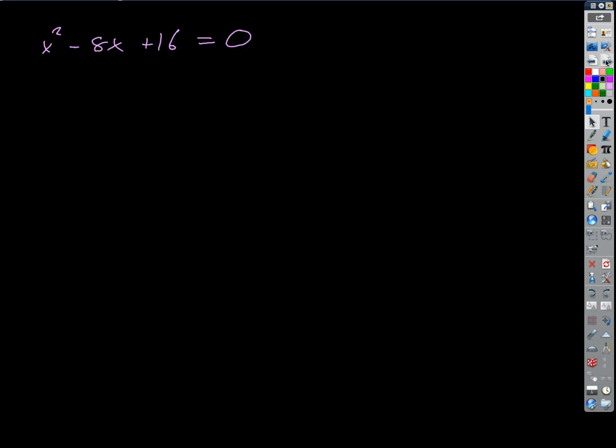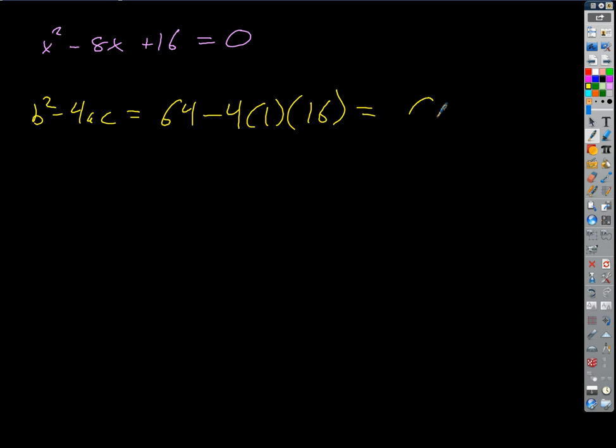Okay, so let's look at that. So this guy here, let's calculate the discriminant. What's b squared? Yeah, negative 8 squared, right? So that's going to give us 64 minus 4 times 1 times 16. What's that equal to? 64 minus 0, isn't it? 64 minus 64 is 0.